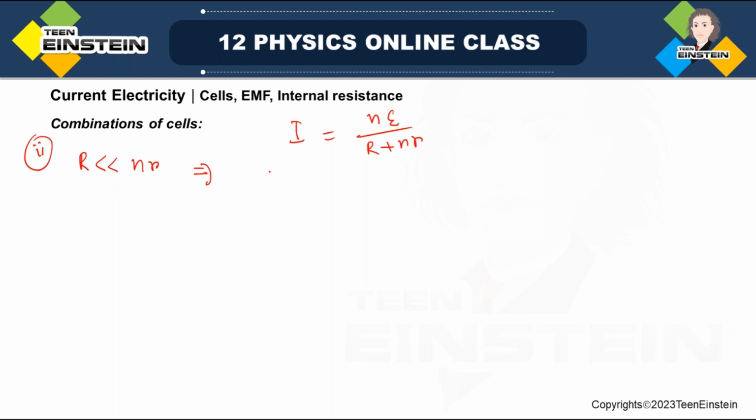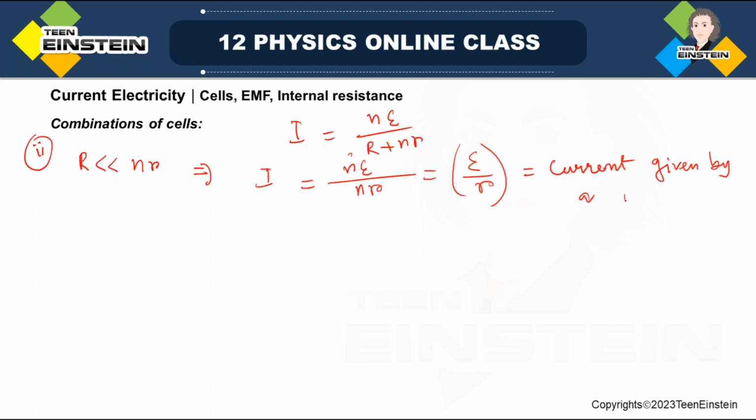At this condition, I can write the total current as N into epsilon divided by NR, since R is neglected. So this is E by small r, and this is the current given by a single cell.